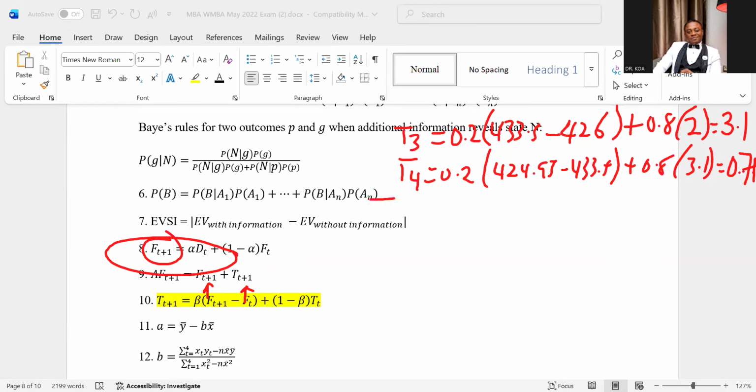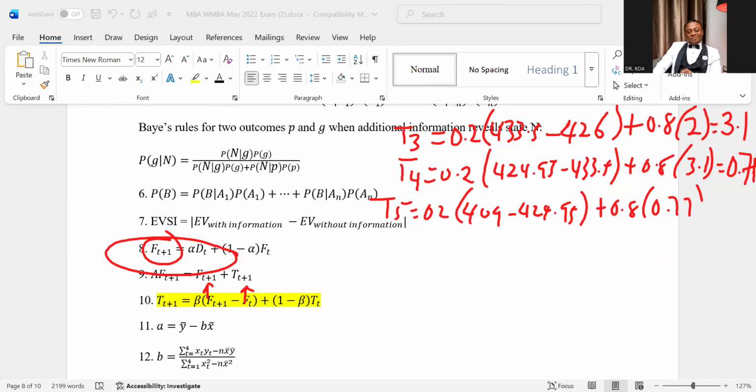0.77. Very good. So you get 0.77. Let's go to T5. So T5 is going to be 0.2 into bracket 409. You just go and check for F5, what we had there. 409 minus 424.95, the one just before, the one we just have here, plus 0.8 into bracket what? 0.77.